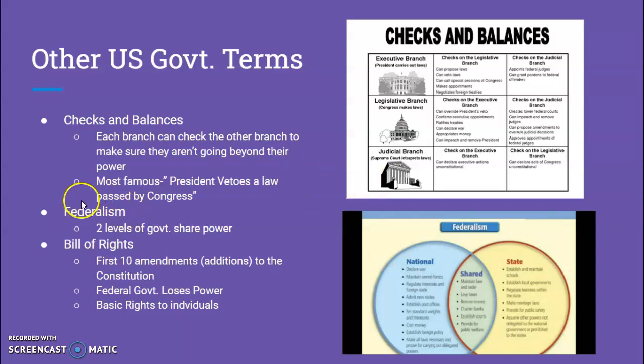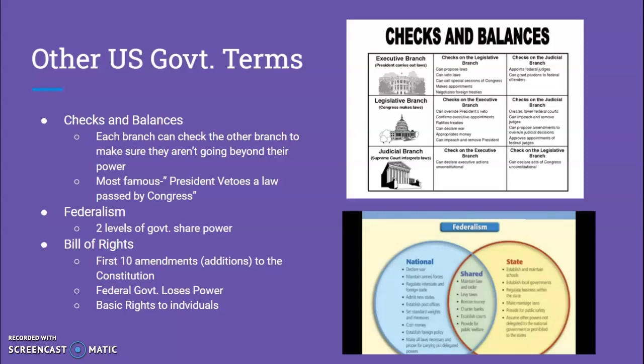Another term here, we got federalism. This is basically where 2 different levels of government share power. Here's an example of that. So the national government makes certain laws, and whatever law the national government or federal government does not make, states can. So for instance, states make laws on driving ages. They make laws on curfews because it affects local areas.